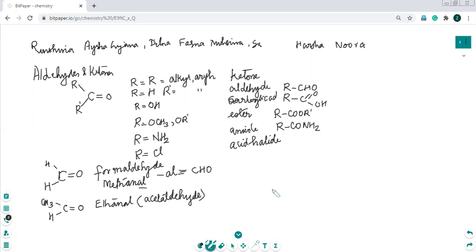That's a common name. Then we have aromatic compounds, very common and widely used in industry. The aromatic aldehyde you call benzaldehyde.